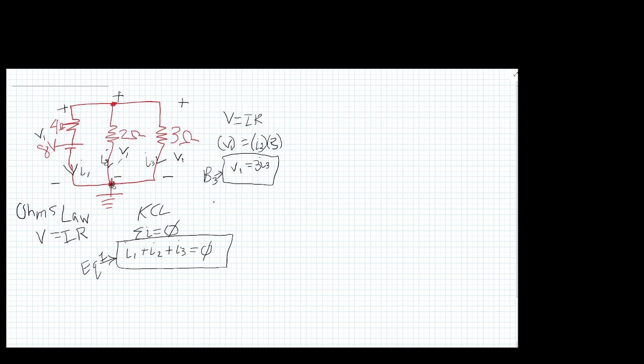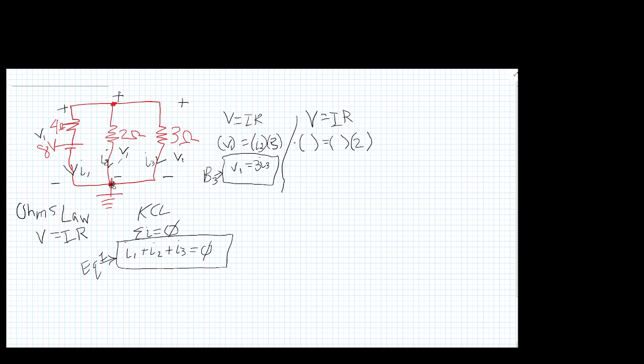Now let's do the same. Get our equation for branch 2. And again, we're going to use Ohm's law. So let's do our V equals IR. And our good habit of using parentheses, so that we could teach the young ones the good habits in math. And branch 2 has the 2 ohms. So let's put our 2 there without the unit.